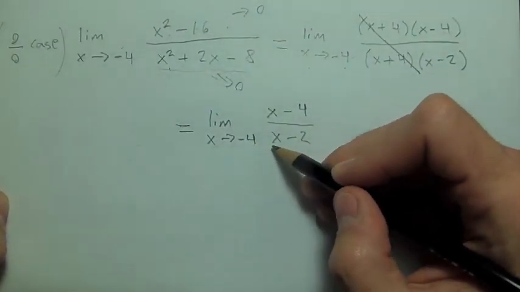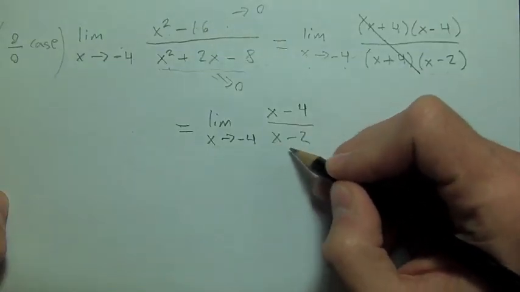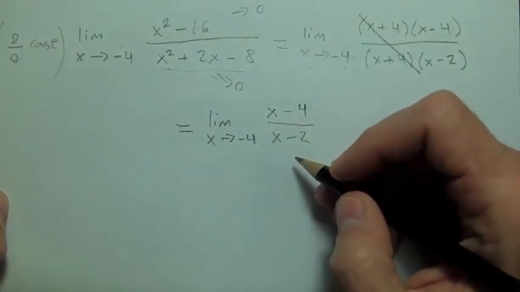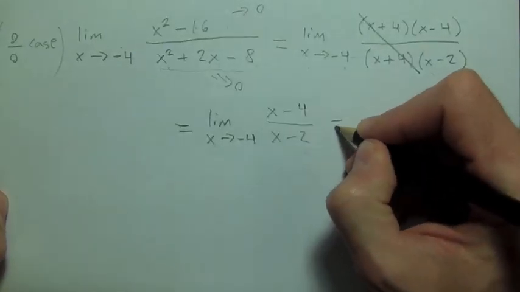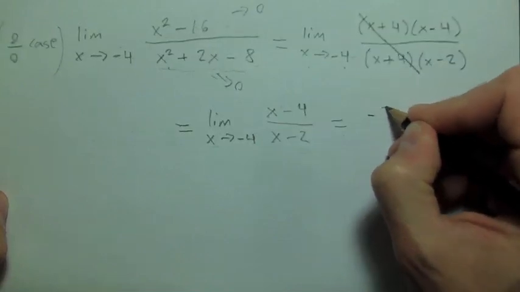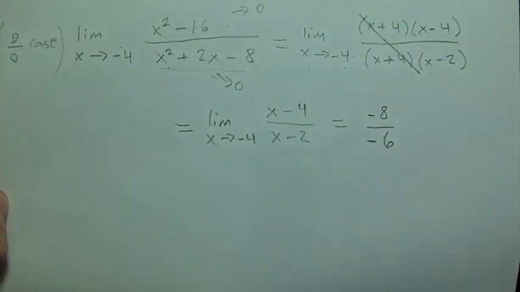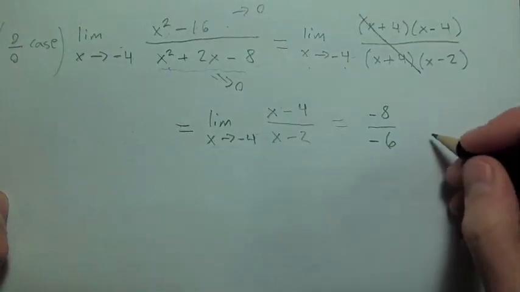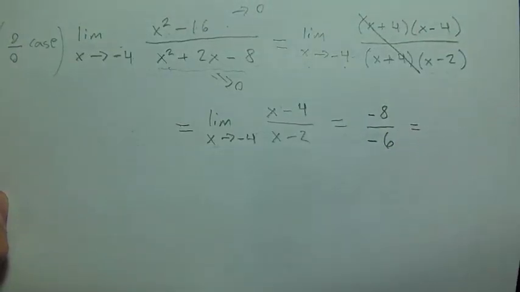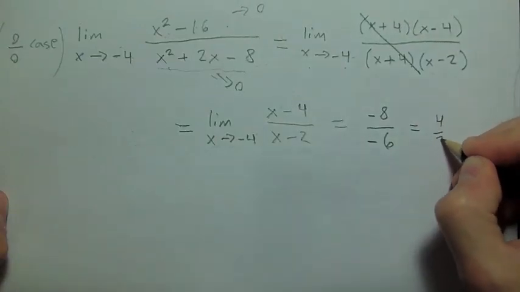And check it out, when I plug in negative 4 in the denominator, it doesn't go to 0. It's going to go to negative 6. So when I plug in negative 4, I get negative 8 over negative 6, which ends up being 4/3.